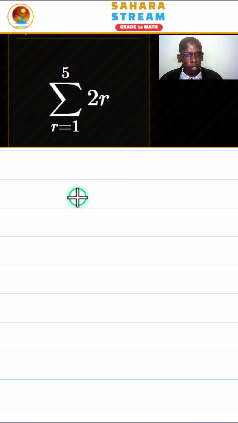Well, to solve this question 2, we need to borrow the knowledge of question 1. And the first thing we need to understand is how many terms we have here. As we said, to understand the number of terms, we need to check what starts here, and in our case it is 1, and then moves all the way to 5.